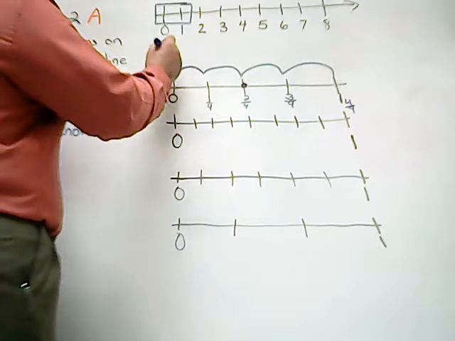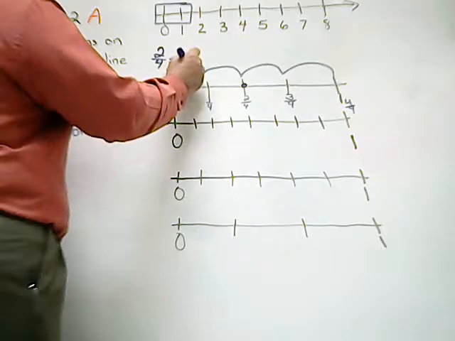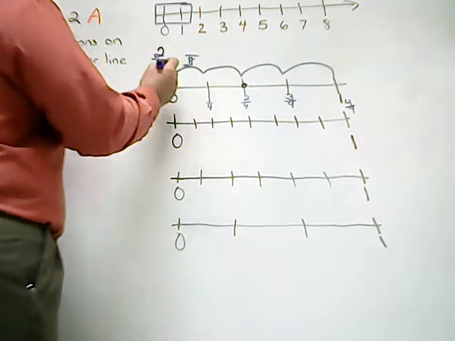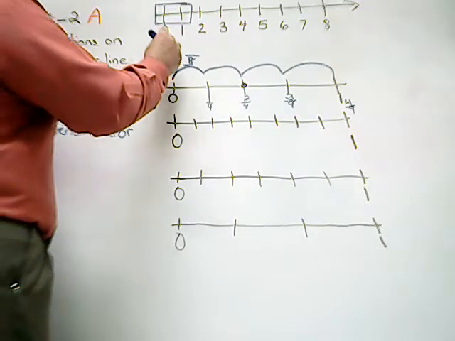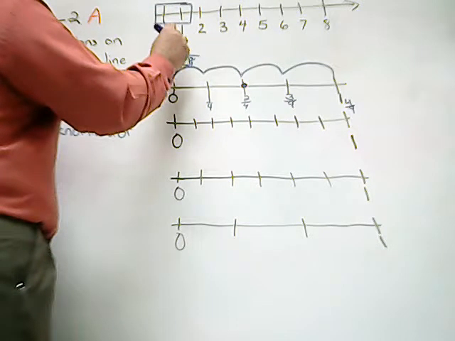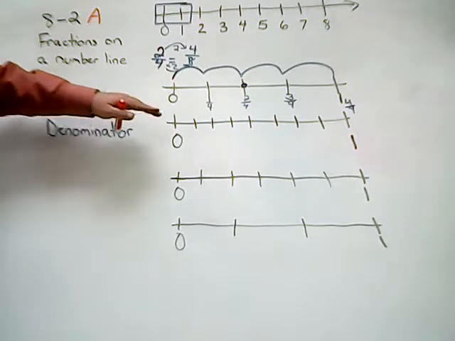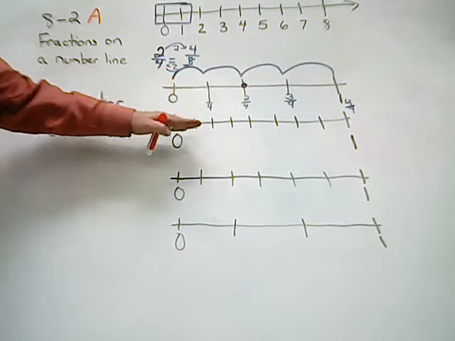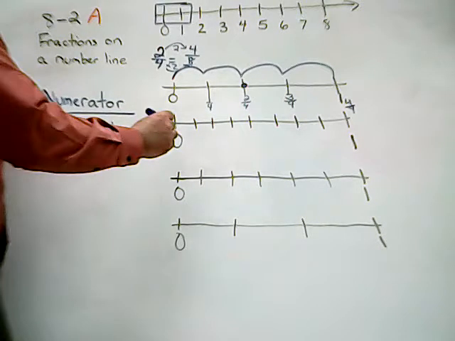So, 2/4 equals how many eighths? Well, I know from yesterday I could do times 2 and times 2, 4/8. That means I have a number line set up exactly the same way, just broken into 8 equal sections.